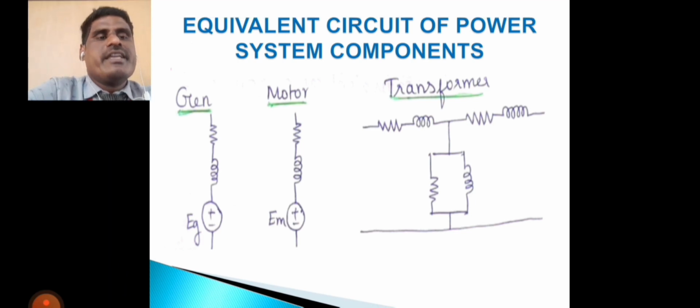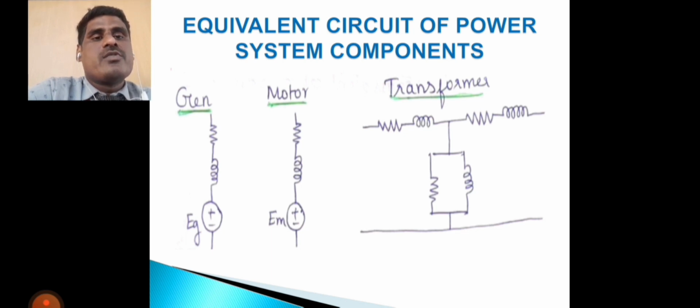And the next one is the equivalent circuit of power system components. An equivalent circuit is nothing but the values calculated in the single line diagram or reactance diagram, like base value, actual value and per unit impedance value. When all those values are calculated, finally we draw one equivalent circuit.